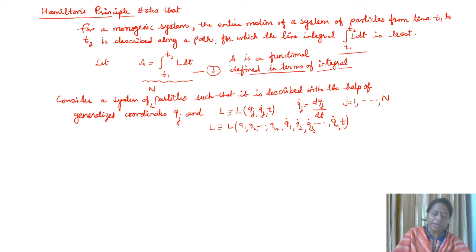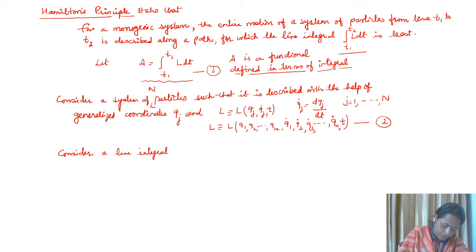So what we do in that case, we will consider a line integral, suppose it is J from x1 to x2, as we did earlier, a function of yi, yi dot and x, because here the independent variable is x.